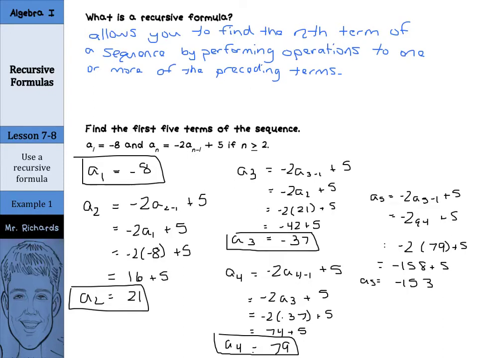So our fifth term is -153. So then, our final answer, we can write as -8 was our first term, 21 was our second term, then -37, 79, and lastly, -153.